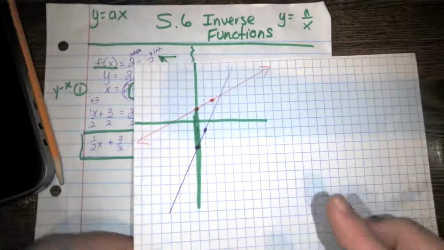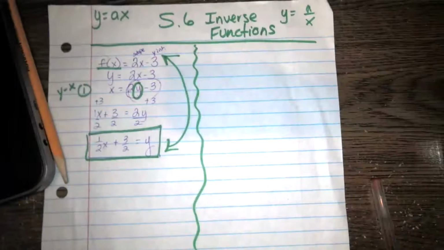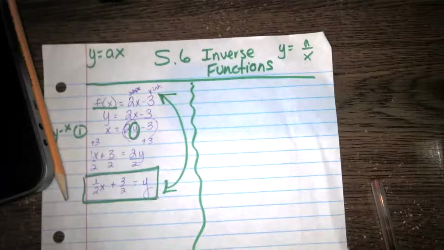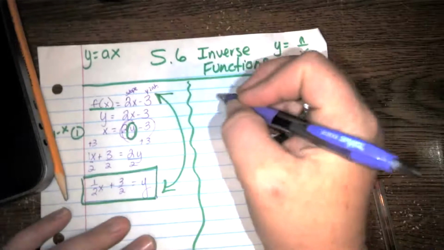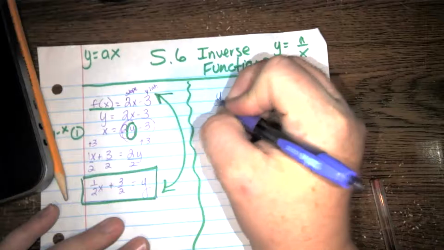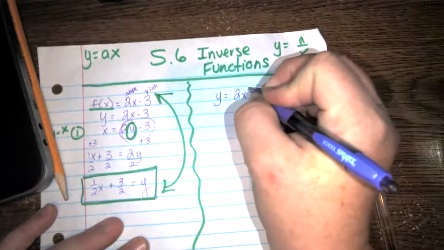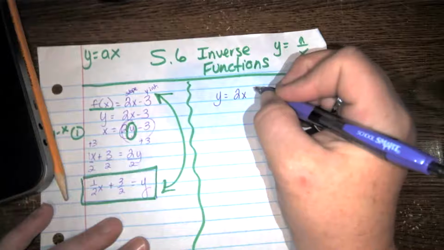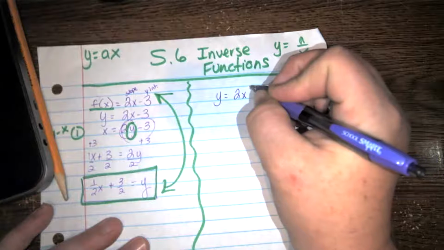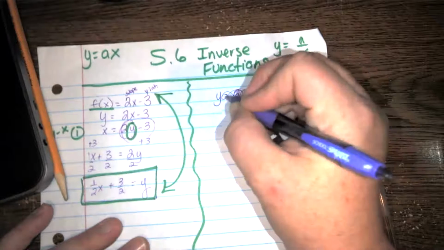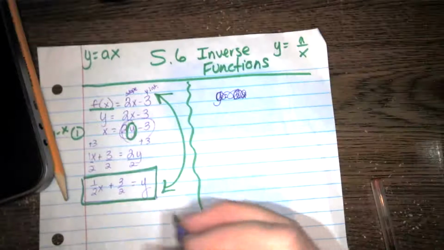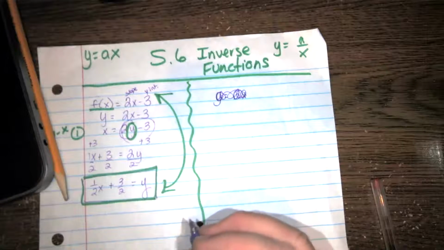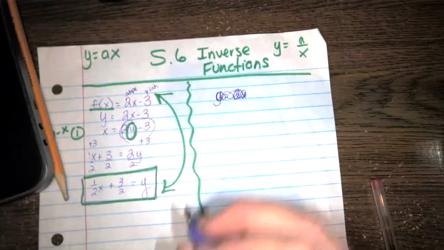So that's our first one. Let's do another one. Let's do this one. Do I want to step? You know what? Let's go back. I'm not sure we're ready for that. So let's try this one.